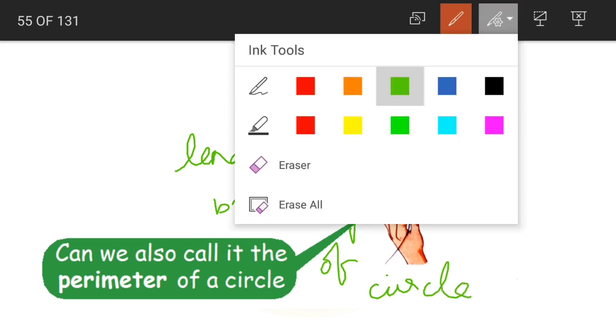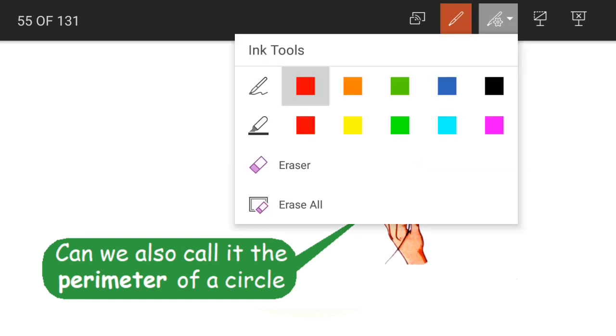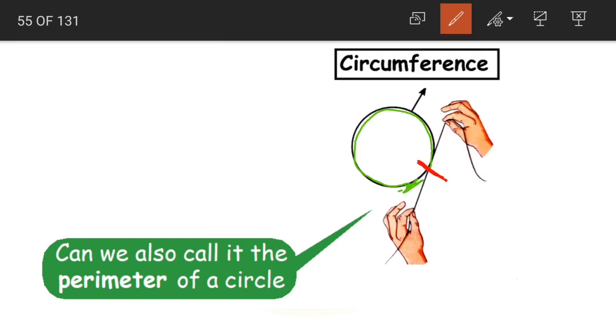So what is the experiment again? To find out the length of the boundary of a circle, we are taking a thread and then wrapping it or placing it along the edge of the circle. Now here, as we near the end, this is our starting point. The red mark is our starting point. Now as our thread again meets the starting point, what should we do?